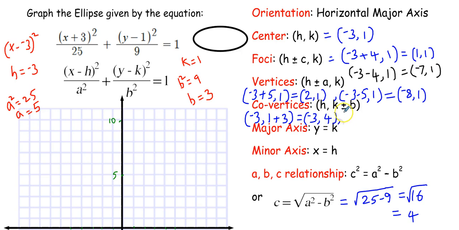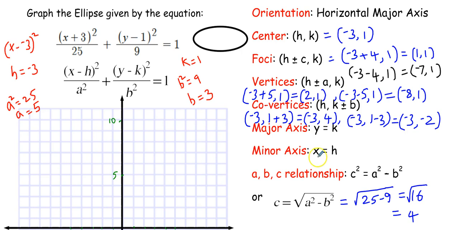And what is the other end here? I have to take negative 3 comma 1 minus 3. 1 minus 3 gives you (negative 3, negative 2). That is the other end of this minor axis.